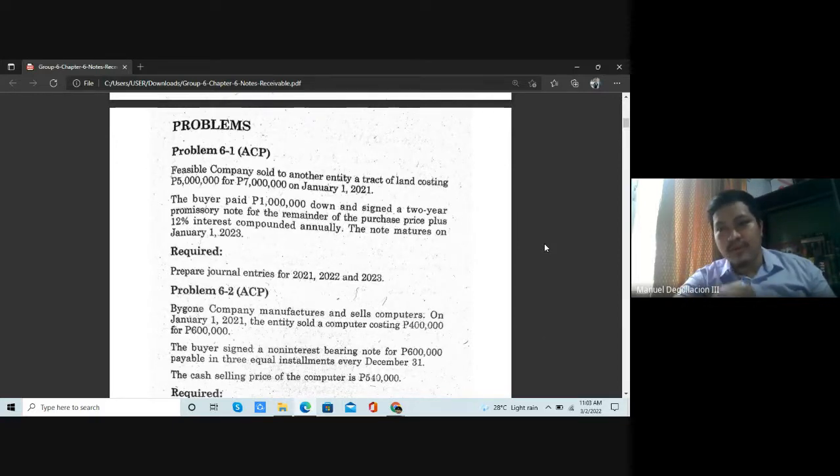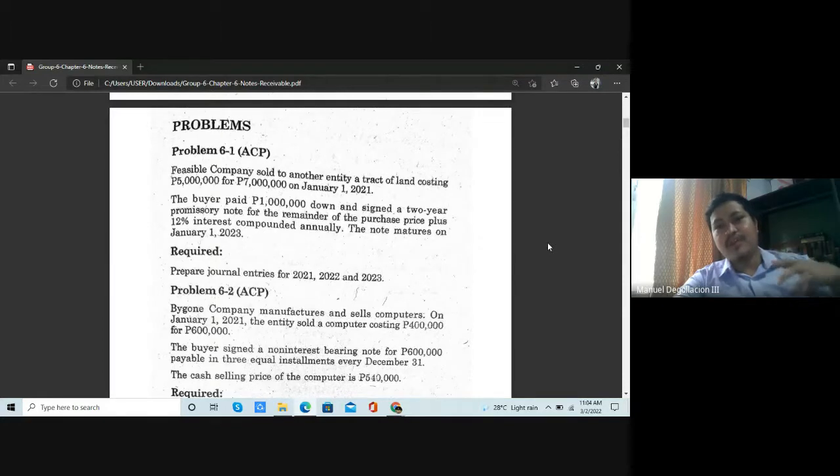Any interest that we will earn is an addition to the amount indicated in the promissory note. Whereas in a non-interest bearing note, we will not use the face value because the face value is composed of the principal and the imputed interest. Because again, our goal is to present our receivables only, the amount that should be presented should be the principal component only.